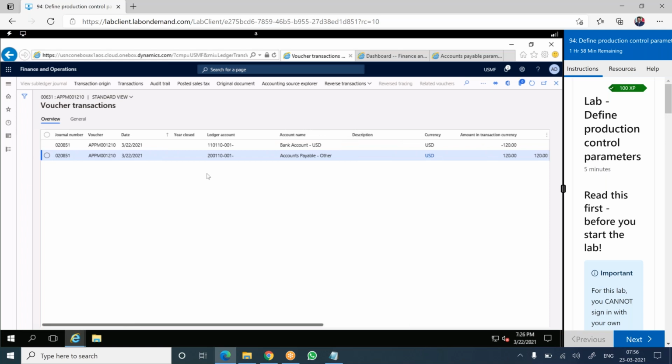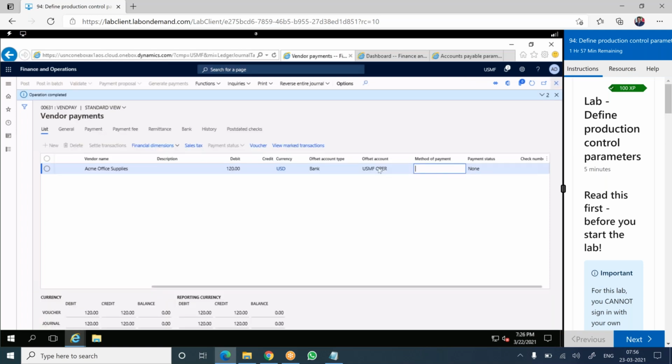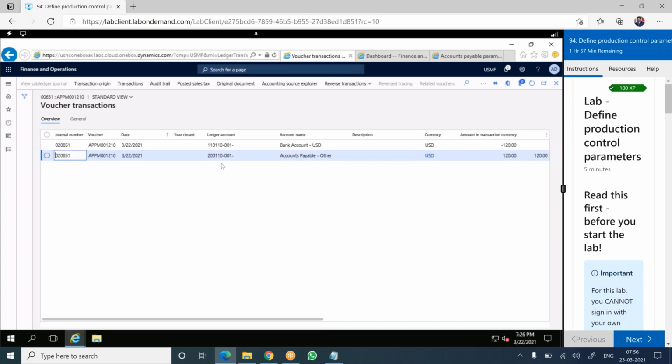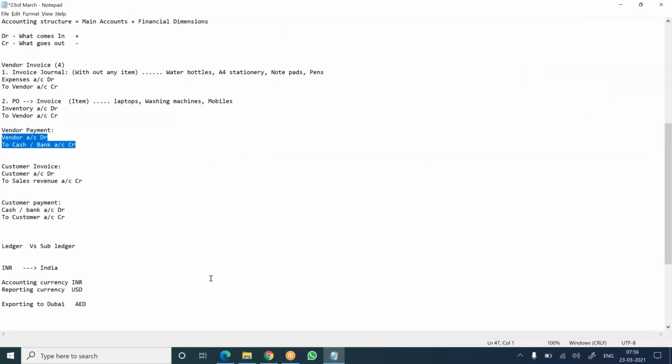I have selected a bank called USMF operations, but if you go inside, the bank account is actually 110110. So this is once again the ledger and subledger concept that you will understand after some time.